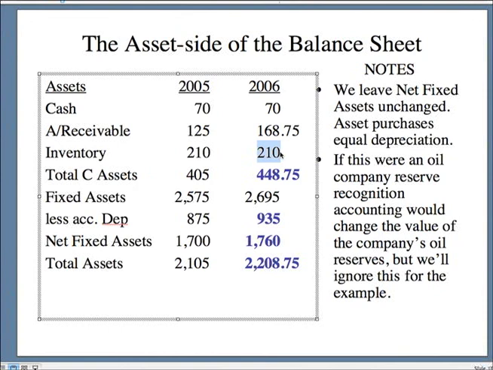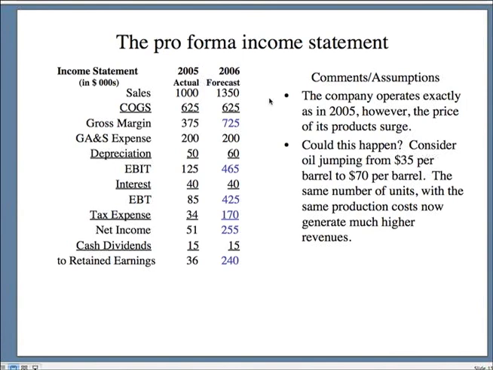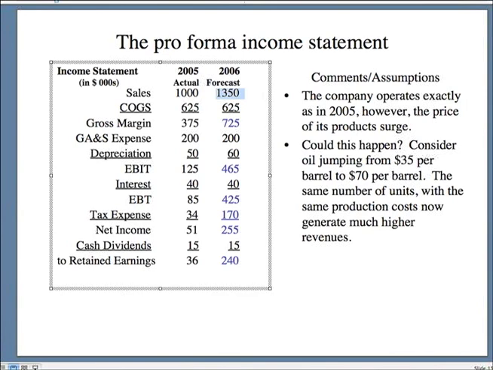Inventory doesn't change because cost of goods sold didn't change in the income statement. Let me show you that again. So we're selling the same number of units, but the cost of those units hasn't changed, but the revenue has. We don't need more managers because we're not really increasing the scale of our operations. The only thing that's changed is revenues.